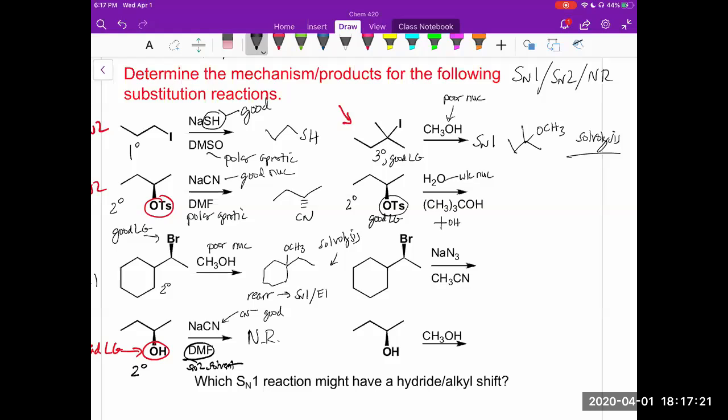What mechanism would you suspect based on what we're seeing so far? SN1. Yeah, I've got a substrate that could do either. So the substrate, the leaving group, that's not helping me. I look at my nucleophile, water, it's a weak nucleophile.